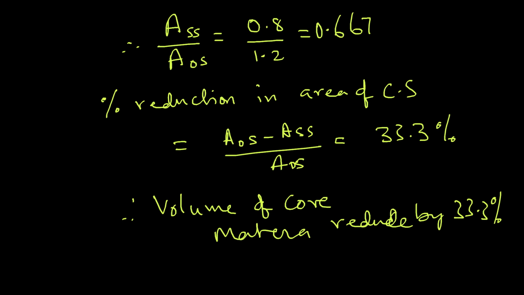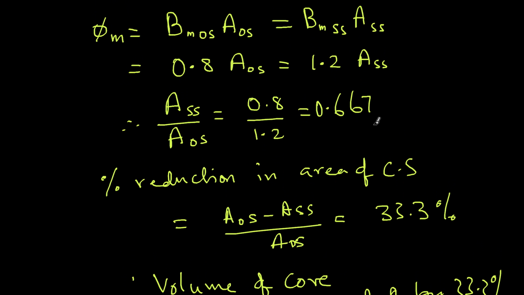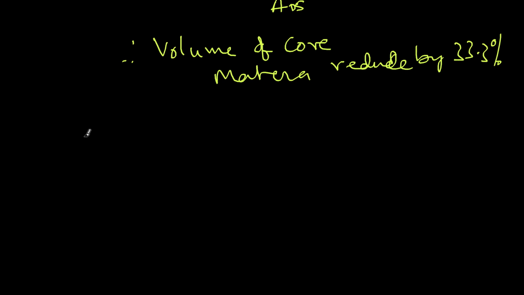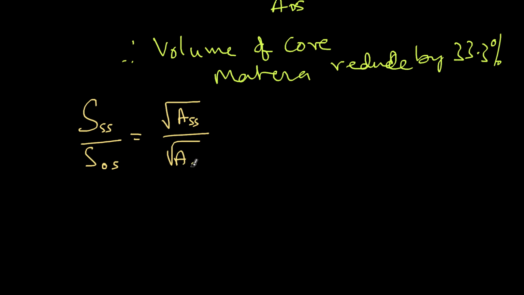Now let's come to copper. What is the ratio of the side? If you consider the core is square shaped, then the side with silicon steel and side with ordinary steel will be the square root of the area, square root of silicon steel by square root of ordinary steel.